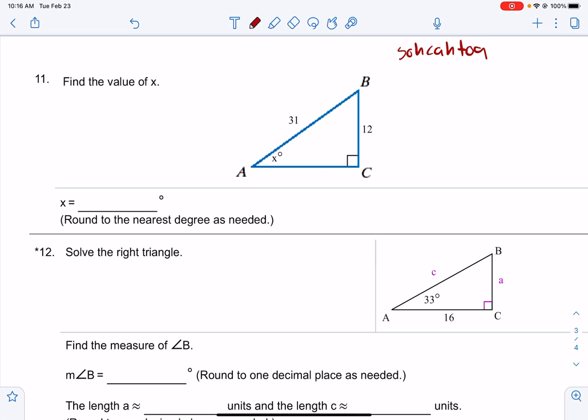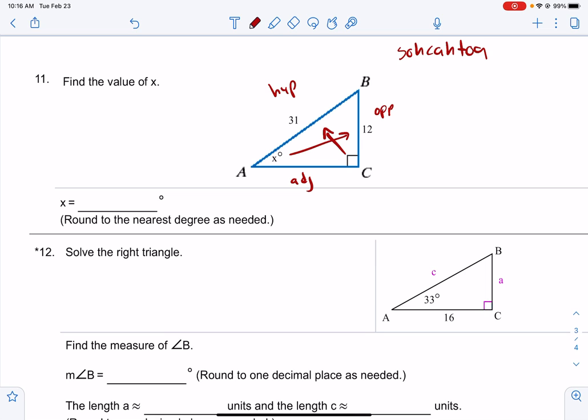So, again, I'm looking for the angle. I've got two of my sides, so let's start by labeling. Across from my 90 is, I started writing opposite, it's not, it's the hypotenuse. Across from the x is the opposite, which means this one down here is adjacent.